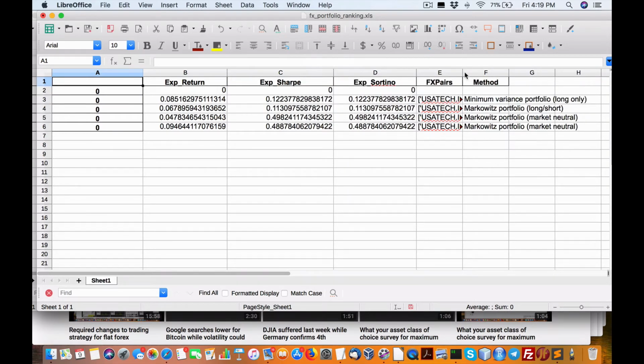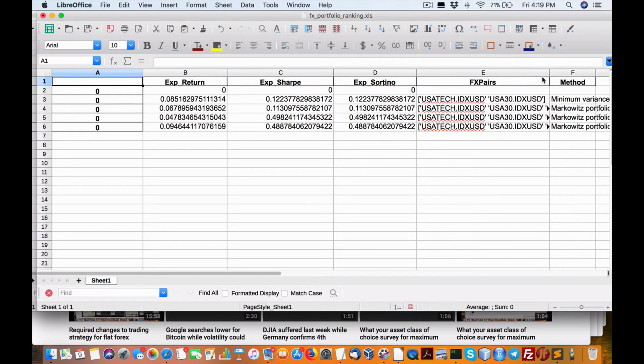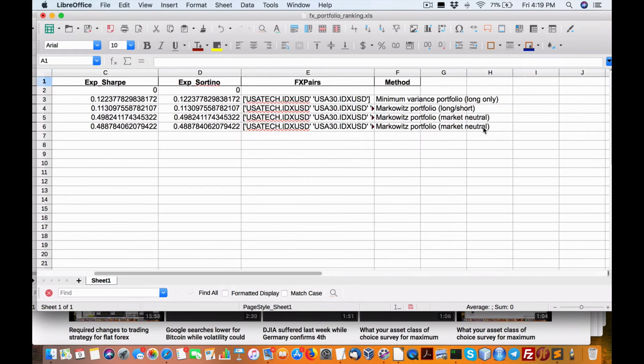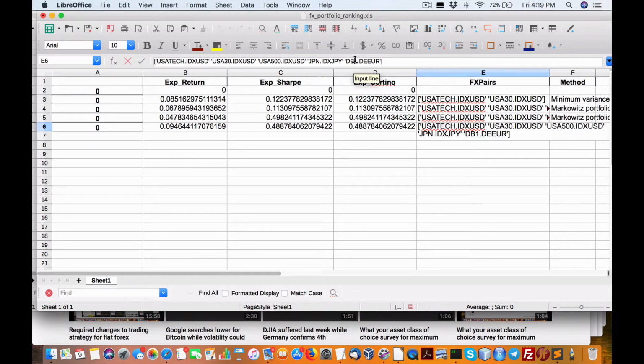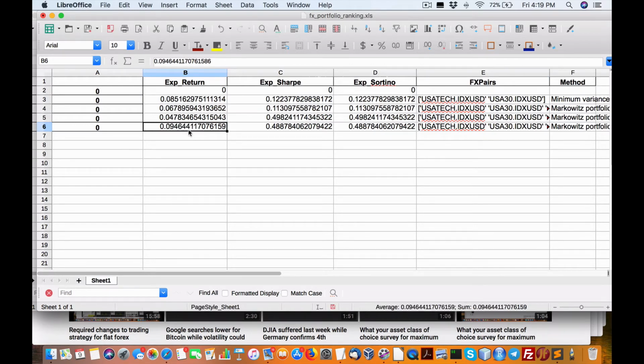So here are the instruments, and when you look at them, you'll know that if you were to invest into these, USA Tech, USA 30, top 30, USA top 500, with a mix of the Japanese index as well as the Deutsche Bank index, you should, again, expect, for the last 90 days, a 9.4% daily move.